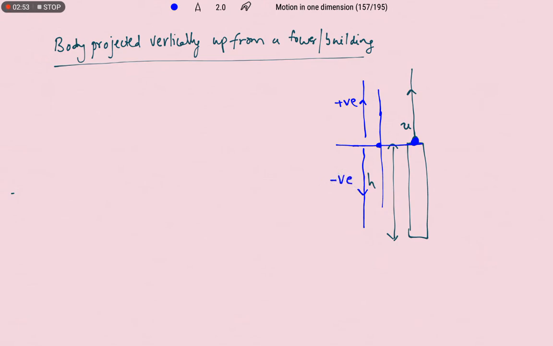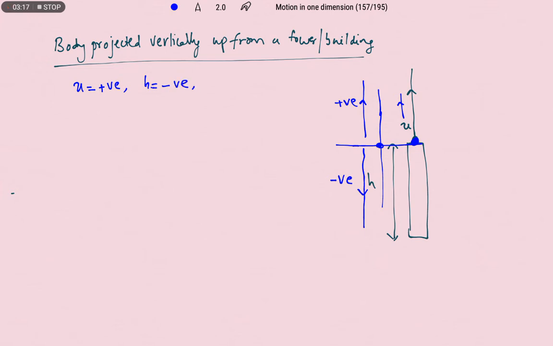Now let us assign the signs. The object is thrown vertically upwards, so velocity is in the vertically upward direction. Therefore u can be taken as positive. In the same way, the height is measured from the reference point to the bottom of the tower, that's why height will be negative.